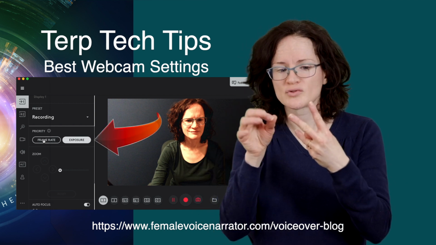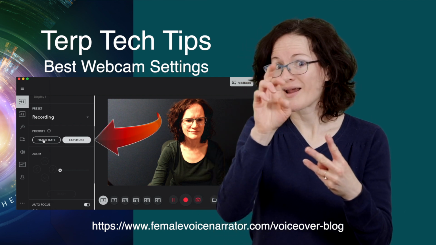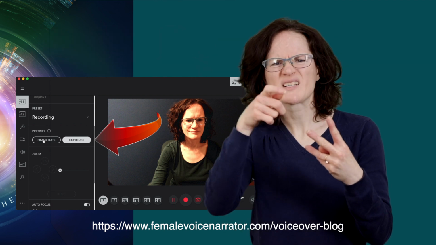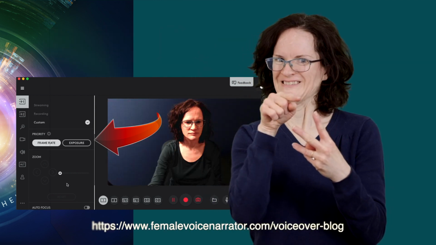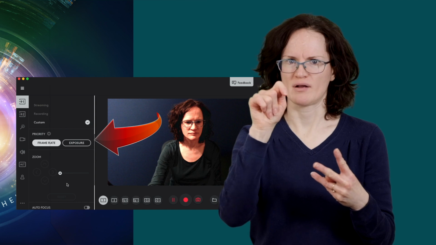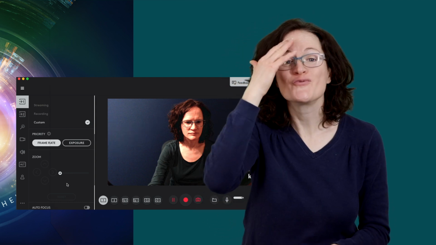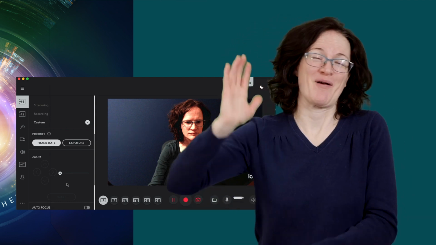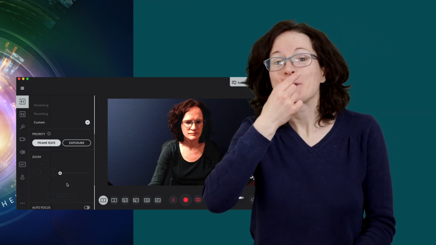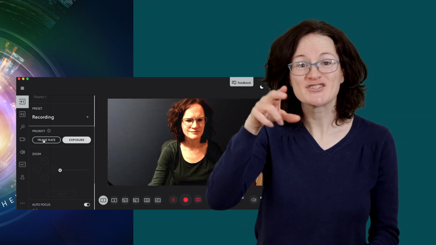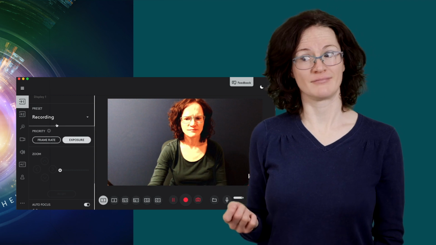Notice that you can set the camera to prioritize frame rate or exposure. You want a consistent frame rate. Remember the old Charlie Chaplin movies?